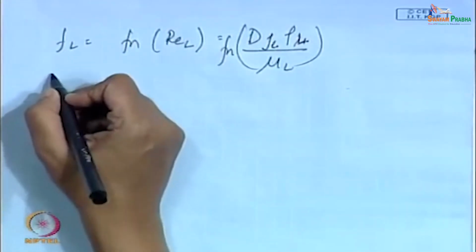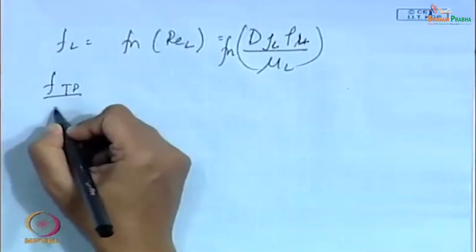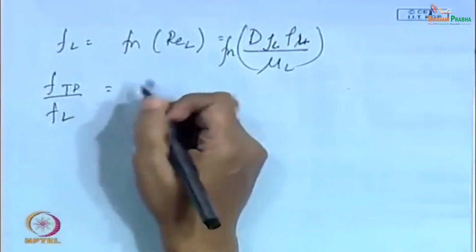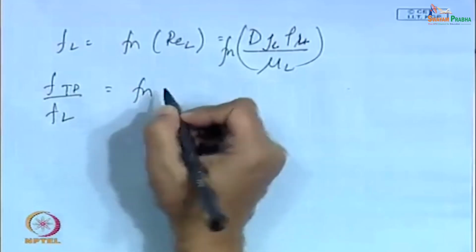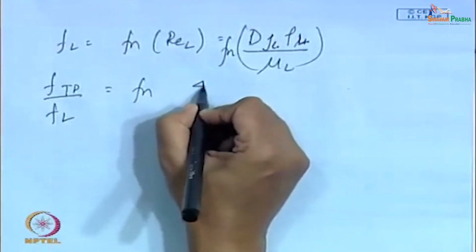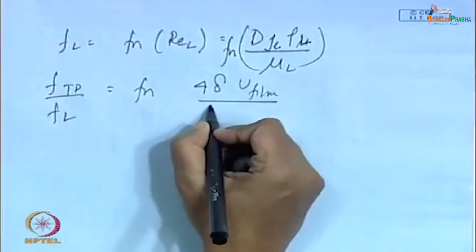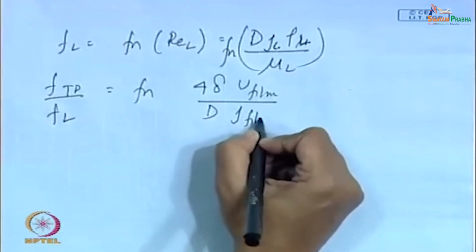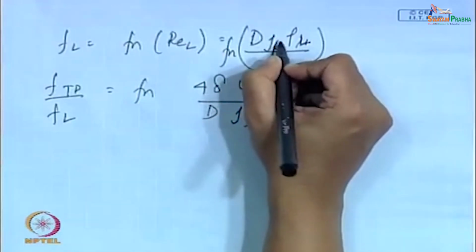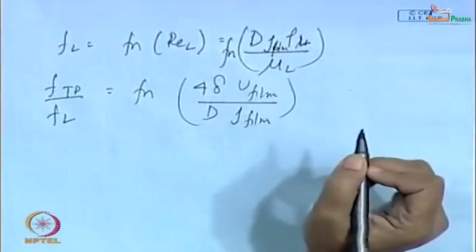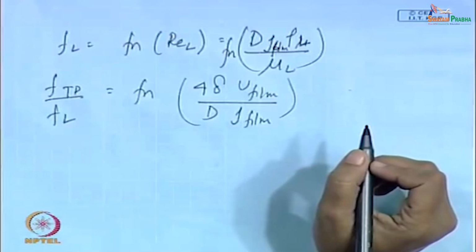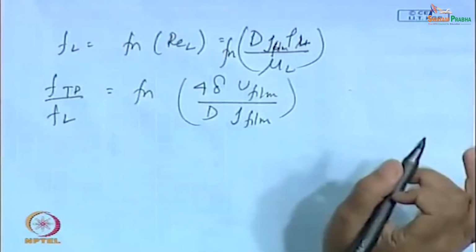Now, in this particular case, what do I get? So, therefore, I know FTP by FL will be a function of, I will not write the details, 4 delta U film by D J film, JF or J film, whatever you write down. Yes or no? Do you agree with me?